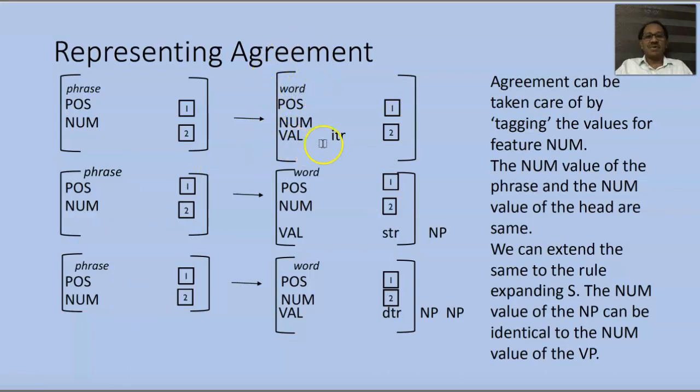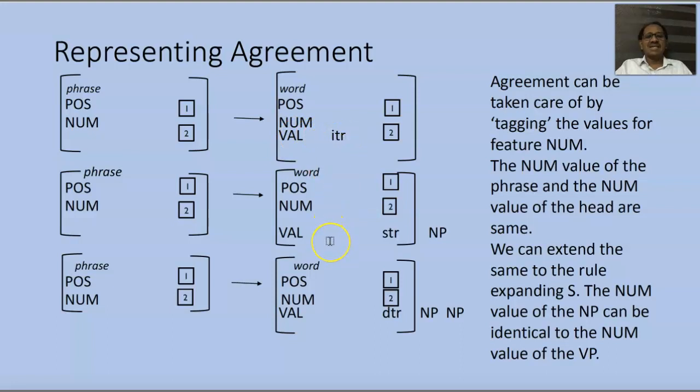So if the word is a verb, what kind of verb? A verb which is intransitive because it doesn't have any complement. And let's take an example. Runs. Runs is an intransitive verb. Runs is singular. So if the number value is singular, the number value here is also singular, and the valency is intransitive.